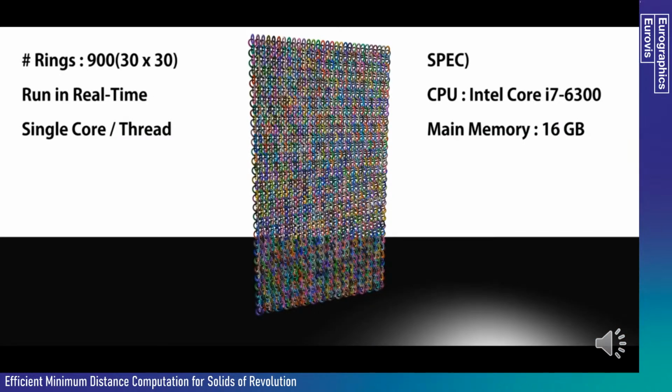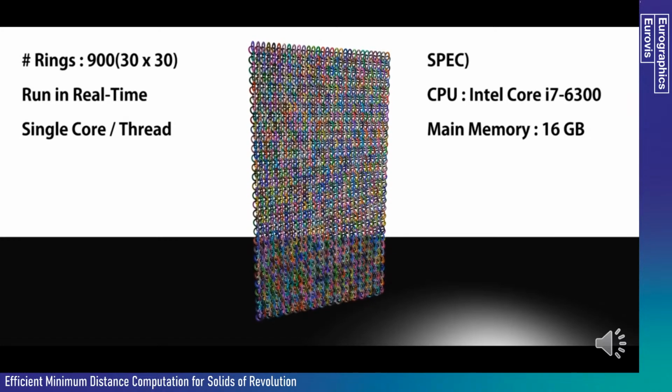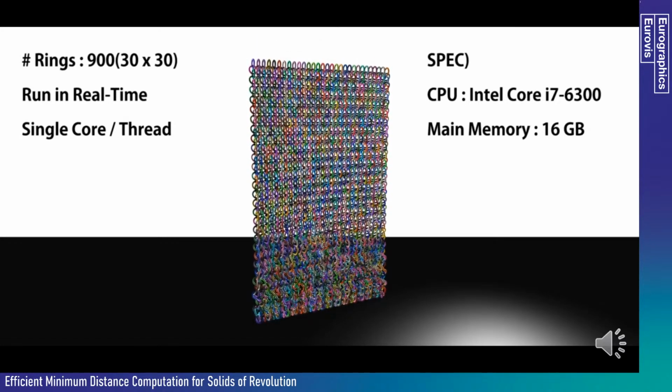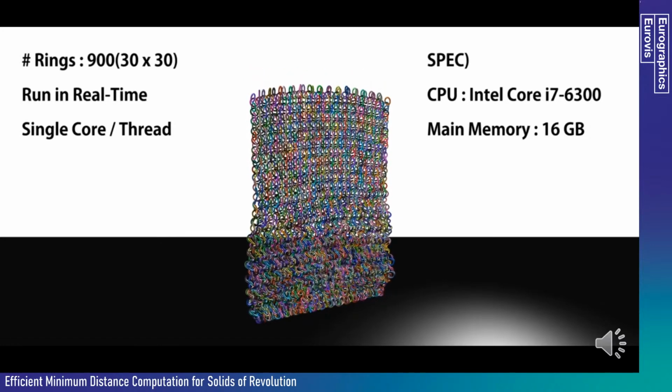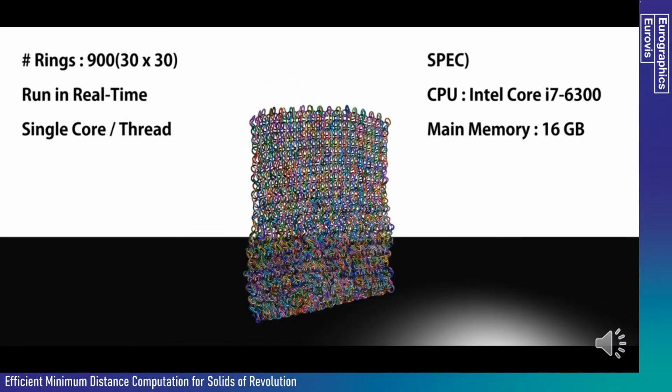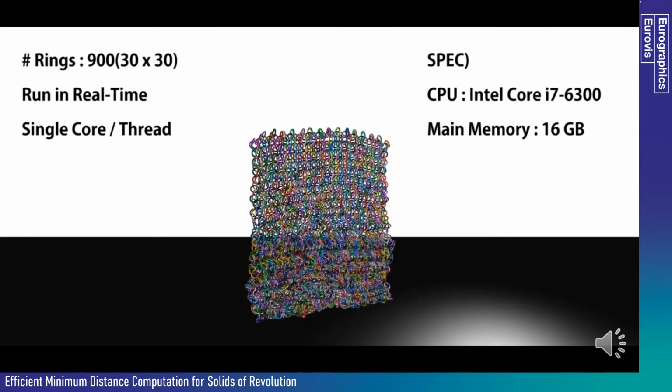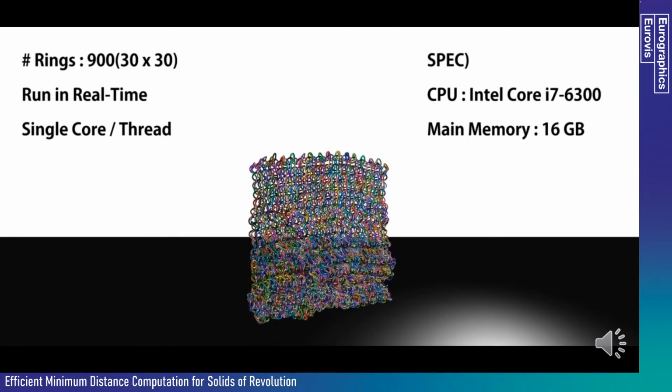Our algorithm performs much better in these circumstances. Since distance computation between rings is very efficient and precise, we can run this kind of massive physical simulation in real time with only single core and single thread.